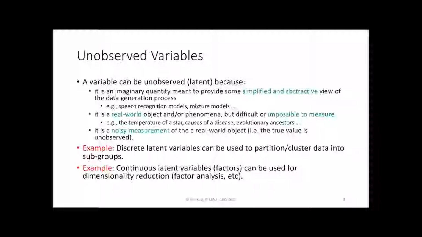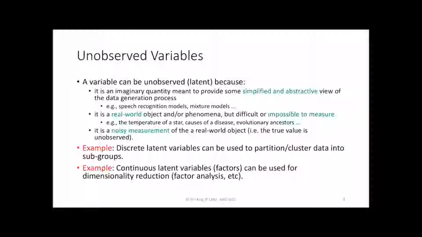So overall, what are these unobserved random variables? Sometimes they are some abstraction or simplification of something that we do not have access to, but we don't have any way to measure it.